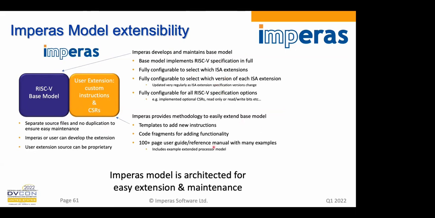But we have a methodology and examples and templates to show how you extend that. So you layer this on the side, so you don't change the original source. You could, but it's not the right way from a maintenance point of view. We provide templates and documentation on how you can extend that to add your own capabilities in there. So the whole thing about the Imperas technology is that it represents the whole current standard, but it's architected to be easily extended and maintained.